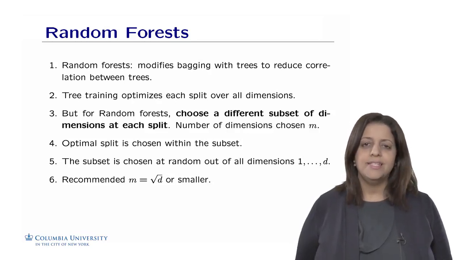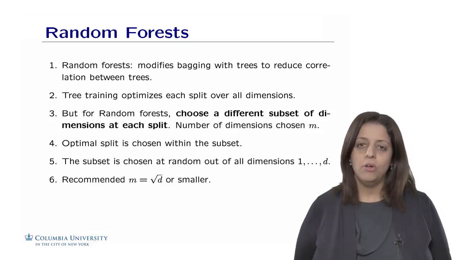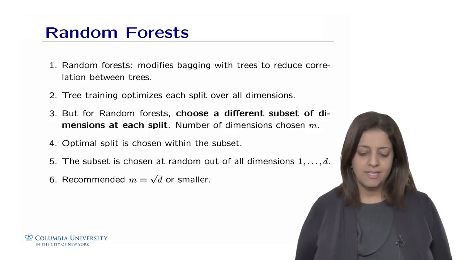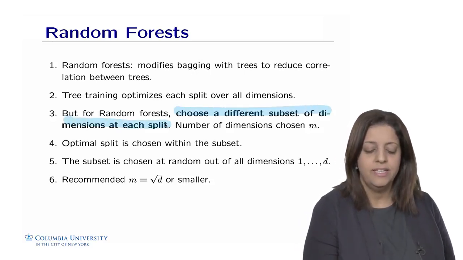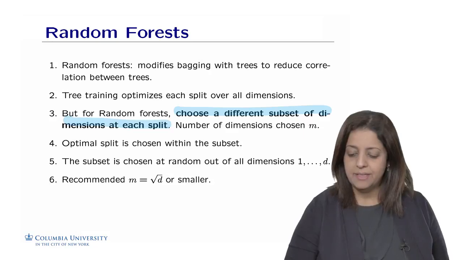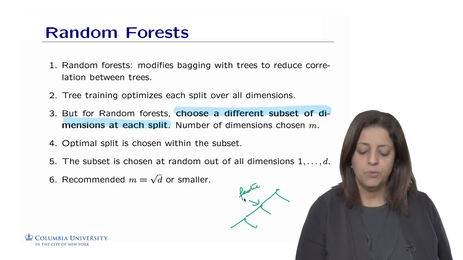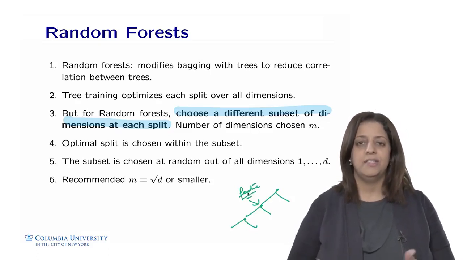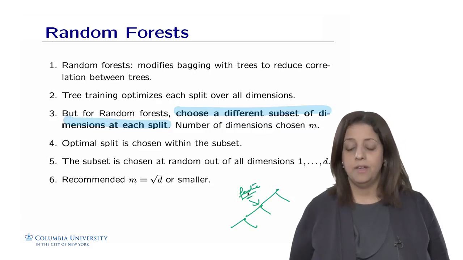In bagged trees, each split is optimized over all dimensions. For random forest, we need to choose a different subset of dimensions at each split. Remember, when we were building a decision tree, each time we picked a feature we considered all the features, calculated the gain, and picked the feature that gave the best split of the data.